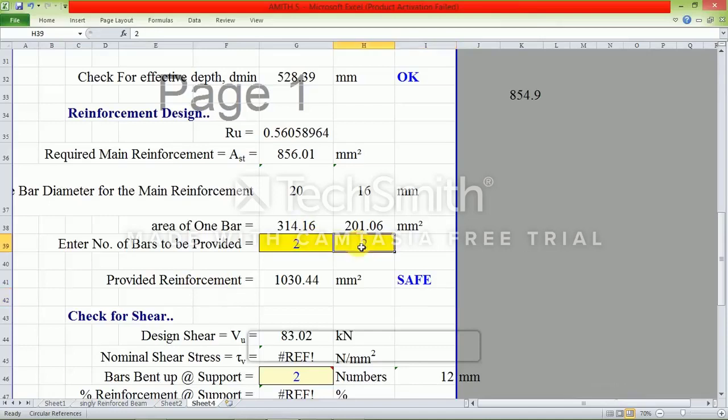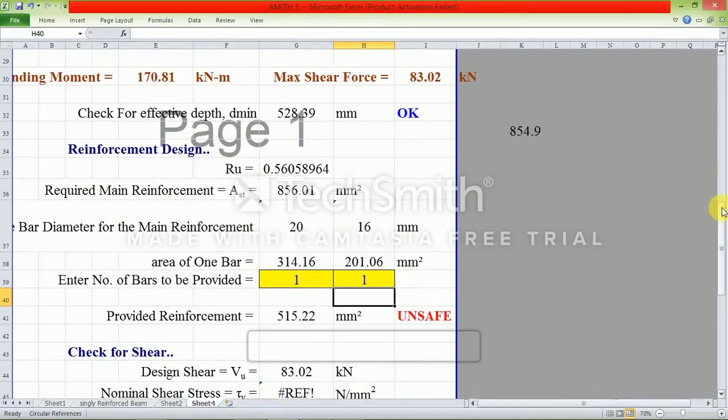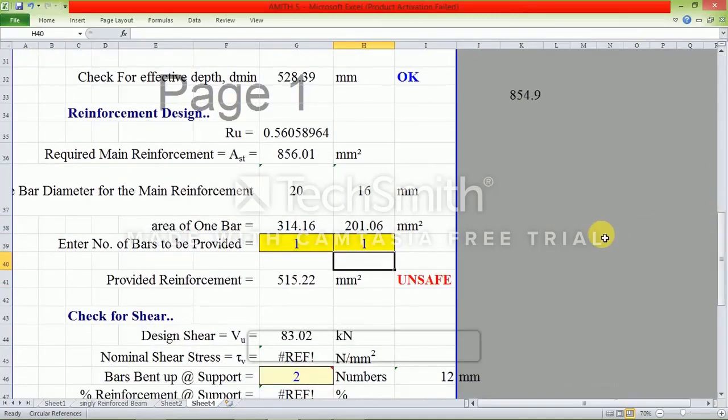So I am changing this to 3 or 5. See, automatically the value changes. I give 1 here and 1 here. See, it automatically became unsafe. That is the number of bars. This is the flexible thing. The whole format for the design of reinforcement is ready. The only thing a person has to decide is the number of bars to be given.